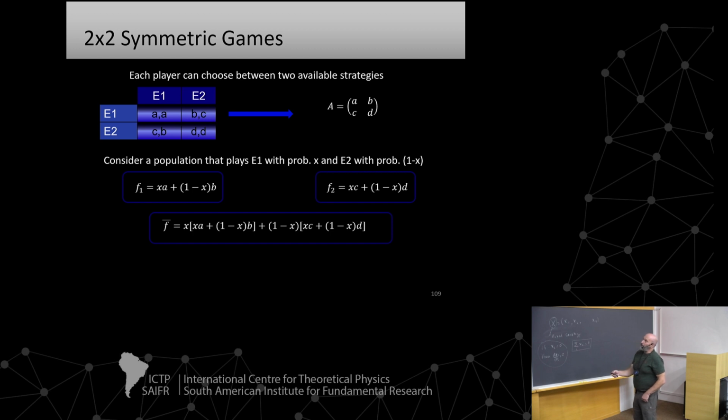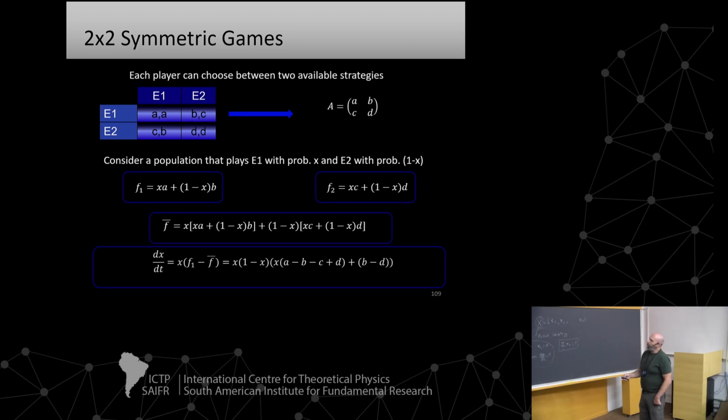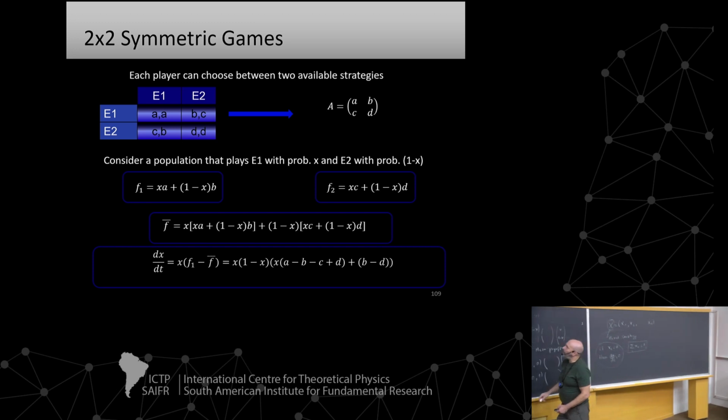This is the calculation of the payoff of strategy 1, this is the payoff of strategy 2, and this is the mean payoff. So finally, when I write down the replicator equation for the fraction of strategy 1, this is the expression, okay? Now remember this expression. I will write it down here because we will need to look at it again.